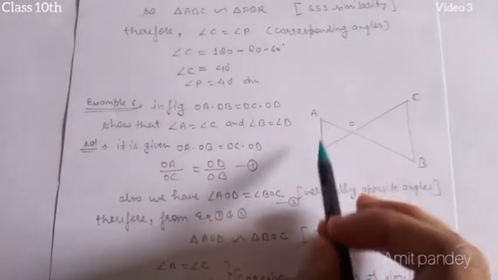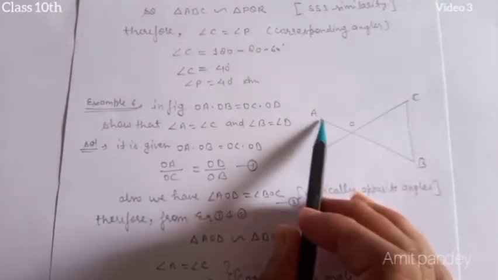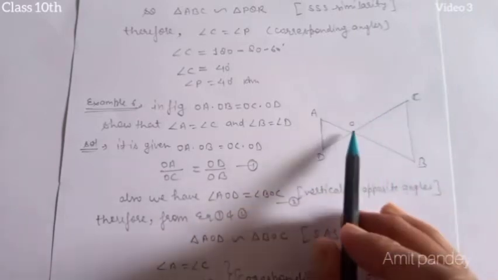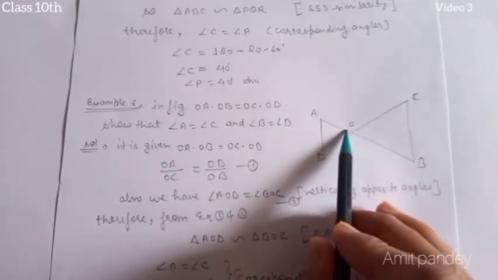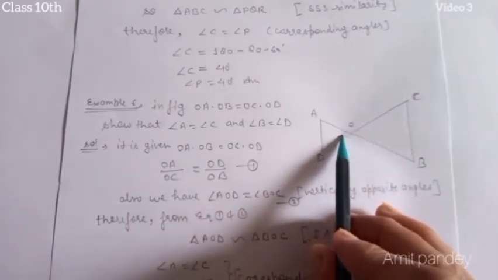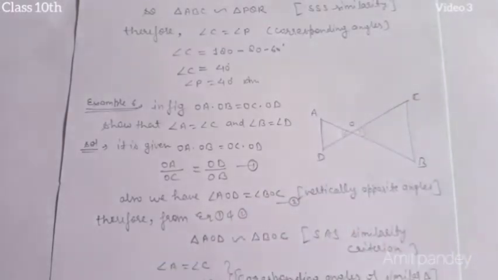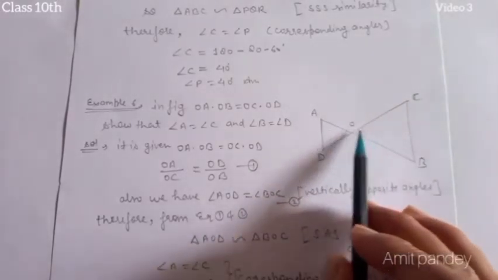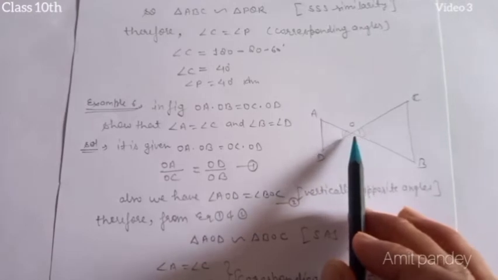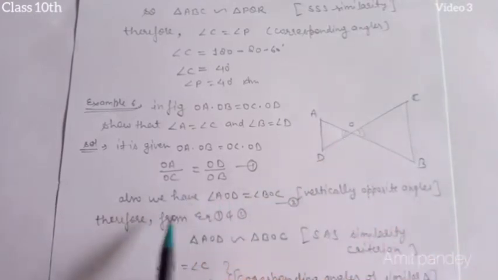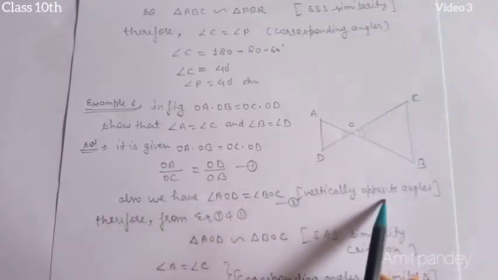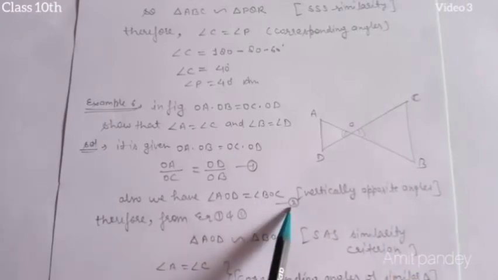So now students, in this figure you can see that AB and DC both are lines intersecting at O. So in both triangles we obtain this angle equal to this angle by vertically opposite angles. So also we have this, it is written here, and now mark it as equation 2.